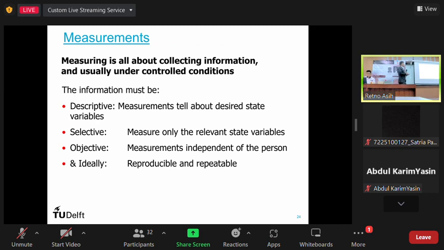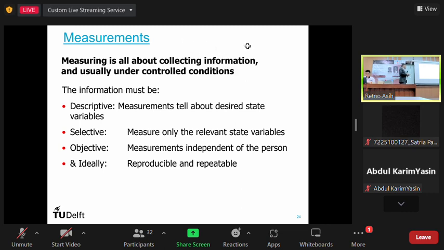Well, there is some information that you also need to understand in your measurements, because measurement has some technicalities that you need to consider. You need to collect the information, usually under controlled conditions. You need to have a controlled situation to know what you are collecting. The measurements tell about the status variables. It has to be selective, it has to be descriptive.